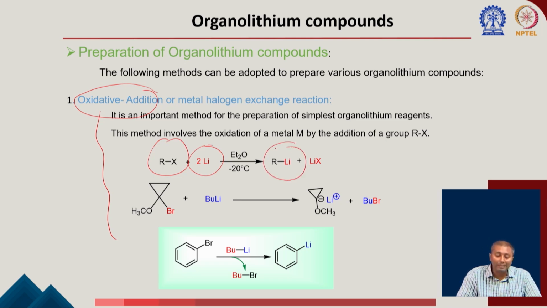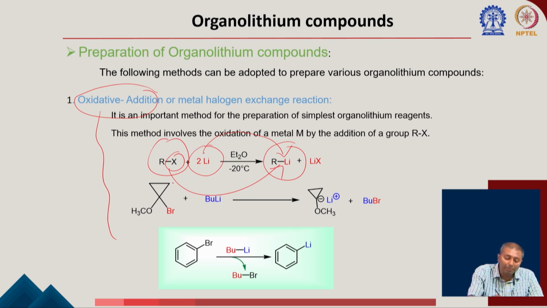You can think about why they say this is an oxidative addition, because of the change of oxidation state. There is a clear change of oxidation state happening. That's why it is called an oxidative addition, but mostly I call this type of reaction a metal halogen exchange, because at the end your halogen is replaced and you are introducing a lithium here.